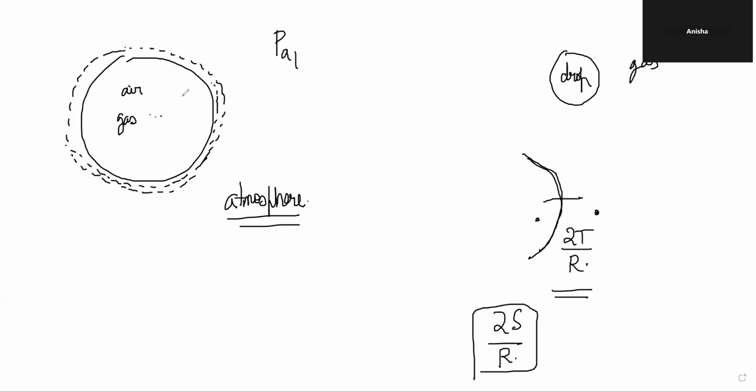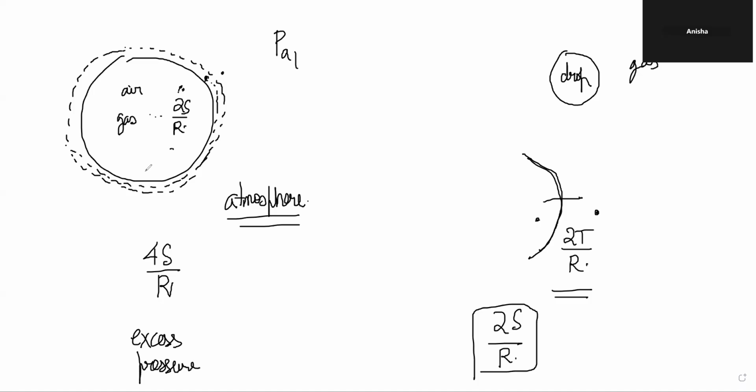So if there is liquid here, the pressure of the liquid is more than the atmosphere by 2S by R, right? And the air inside, there is another concave layer. So air inside is higher pressure than the liquid by again 2S by R. So overall there is 4S by R extra pressure, which is known as excess pressure inside a bubble.